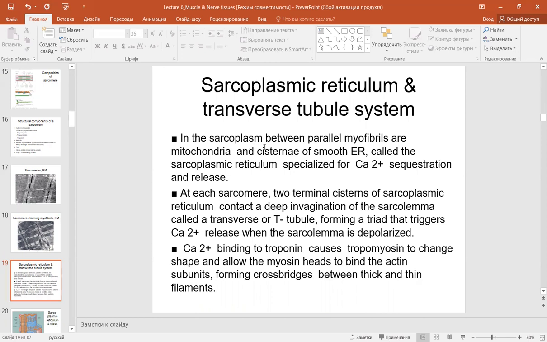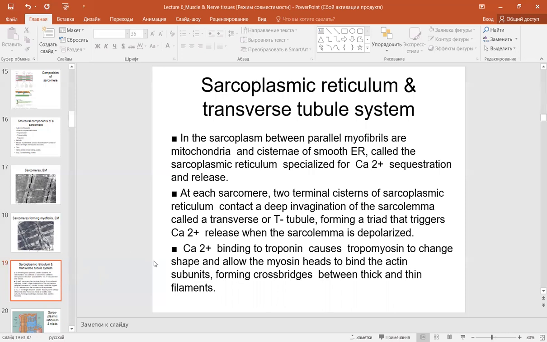In the sarcoplasm, between parallel myofibrils are mitochondria and cisterna of smooth endoplasmic reticulum called the sarcoplasmic reticulum, specialized for calcium 2 plus sequestration and release. At each sarcomere, two terminal cisterns of sarcoplasmic reticulum contact the deep invaginations of the sarcolemma, called the transverse tubule or T-tubule, forming a triad that triggers calcium ions release when the sarcolemma is depolarized.